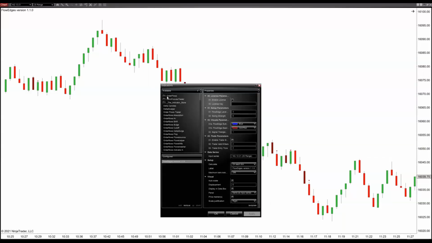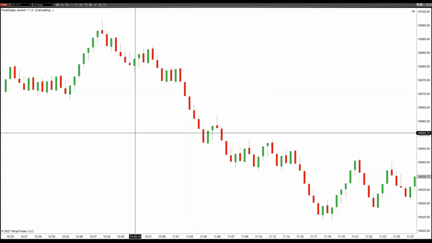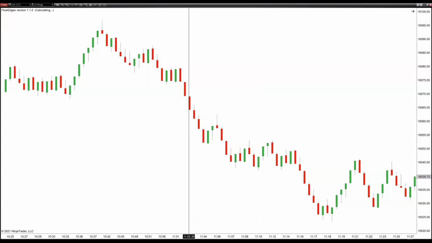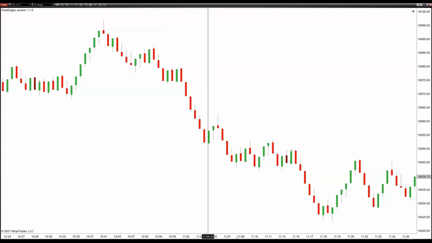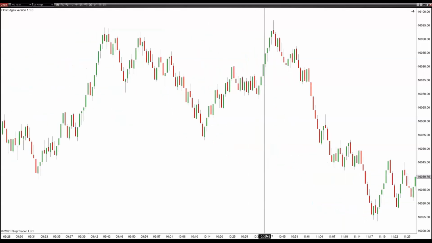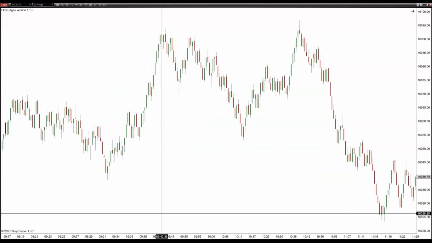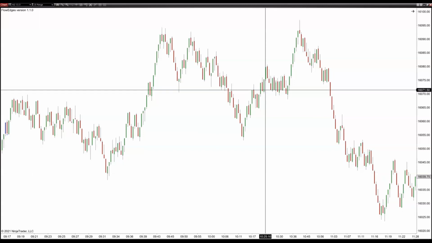Even if you jacked it all the way up to 5, as far as strength goes, kind of curious. Just calculating here, so not a lot of signals. With 5, I don't even see anything earlier there. There was one sell in here.